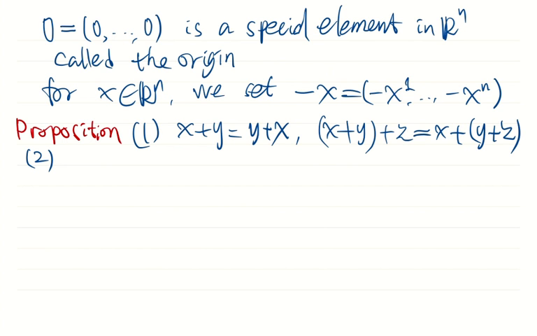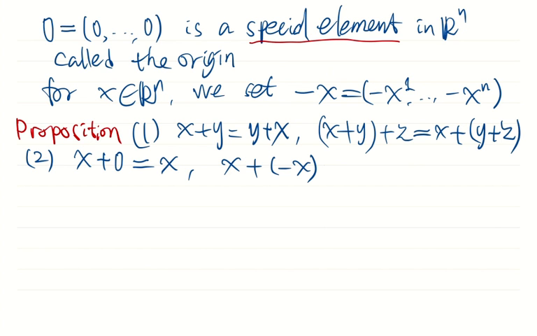The second statement of our proposition is that for any x in Rn, if we add x to the special element, the origin we just introduced, x plus 0, we will get x. And if we add x with minus x, then we get the origin.